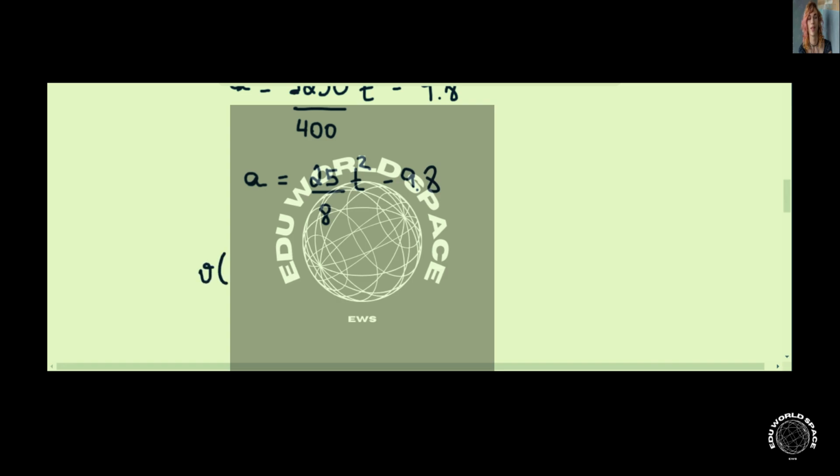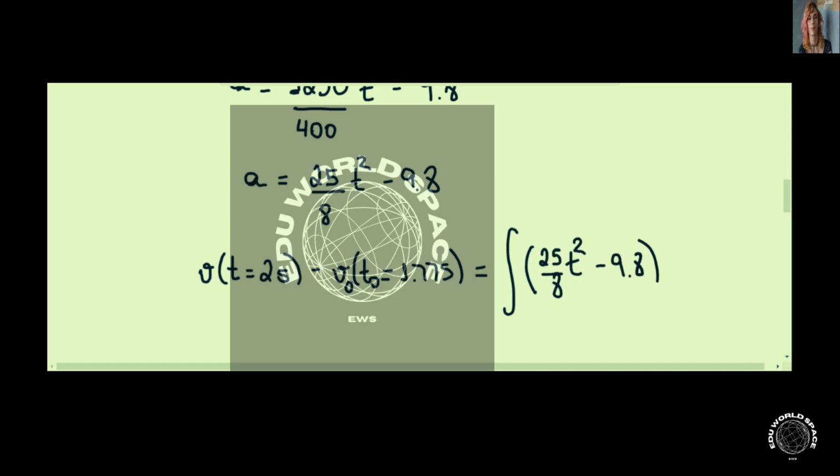And the change in speed, so the speed at t equals 2 seconds, and the speed v0 at t0 equals 1.77 seconds, is equal to the integral of a, which is 25 divided by 8 t squared minus 9.8 dt from t0 to t.